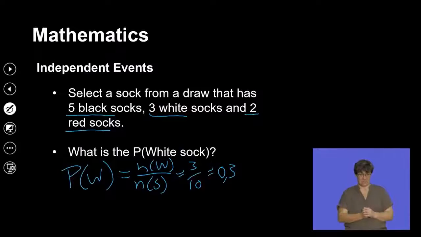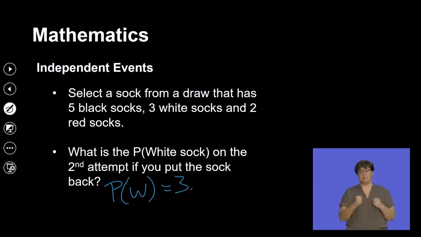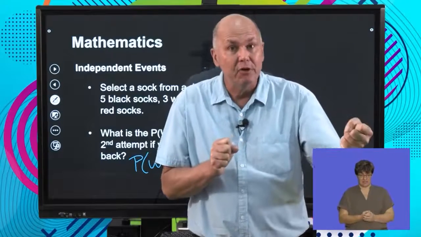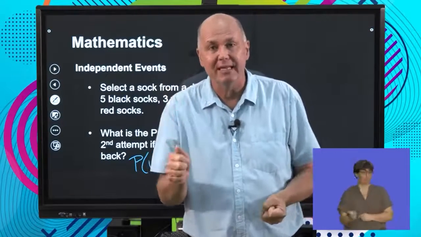So if we do the second situation, we'd recognize that the probability of selecting a white sock is still going to be 3 out of 10. And that's because we had replacement. The probability of the first event did not influence the probability of the second event.